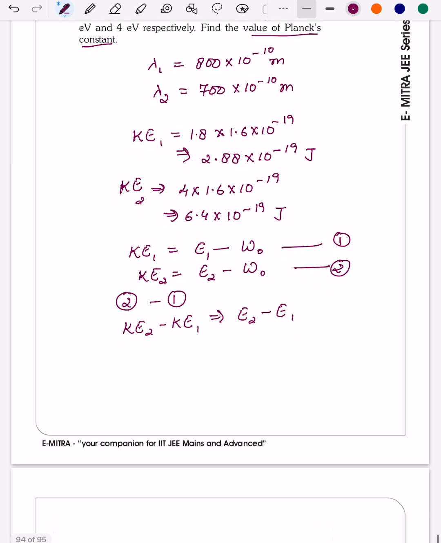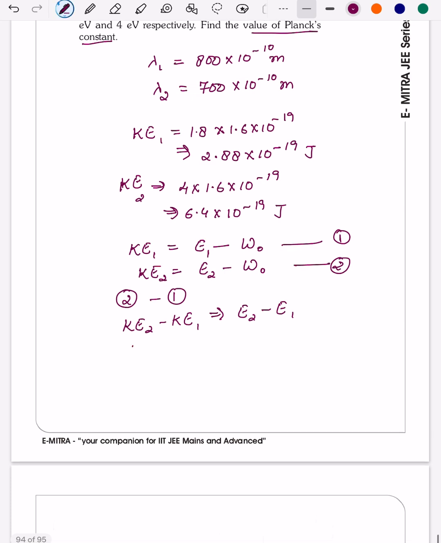So KE2 दिया हुआ है हमको 6.4 into 10 to the power minus 19 और KE1 था 2.88 into 10 to the power minus 19 और ये बराबर हो जाएगा E2 कितना होगा HC upon lambda 2 minus HC upon lambda 1, right? We can take HC common from them.